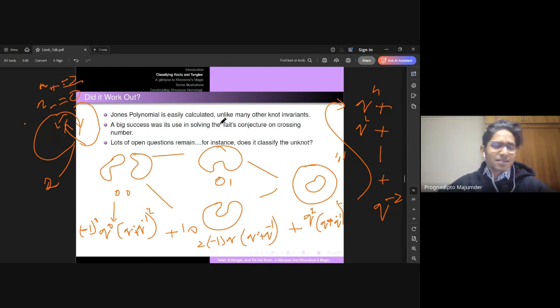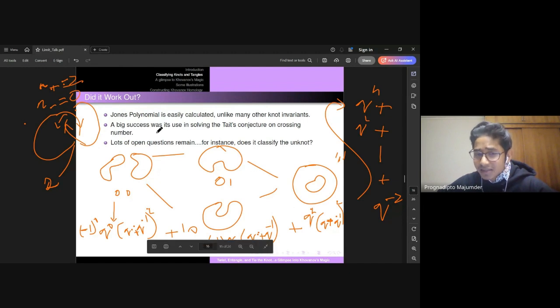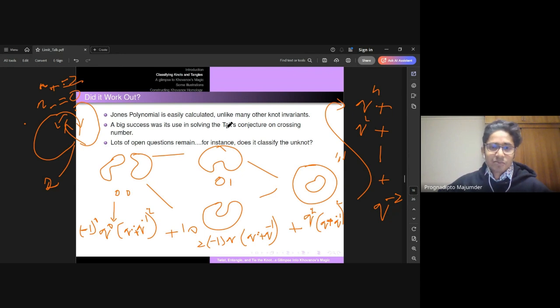This was easily calculated, and using this, you can write a computer program. And Jones used it to prove some long-standing conjectures of Peter Tait. It was something about crossing number, and this will be readable after some time, not exactly for this talk, so I will just gloss over it.